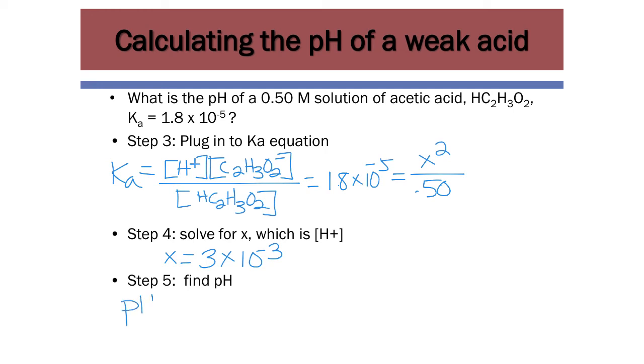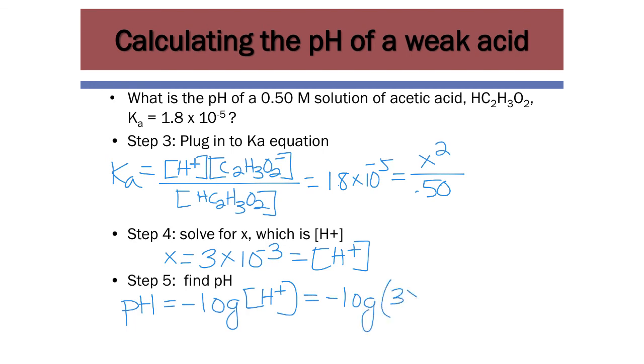So we take that and find the pH, because pH is equal to negative log of the hydrogen concentration, and x was equal to the hydrogen concentration. So it would be negative log of 3 times 10 to the negative third.